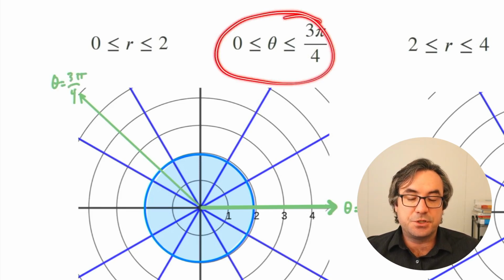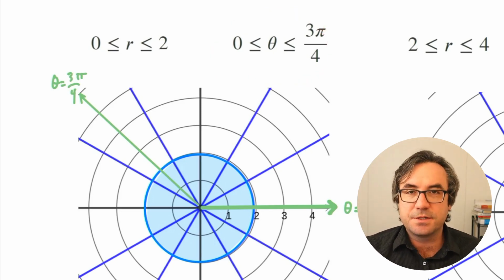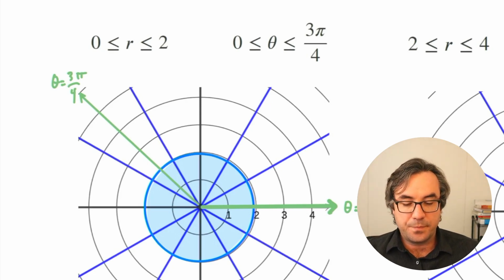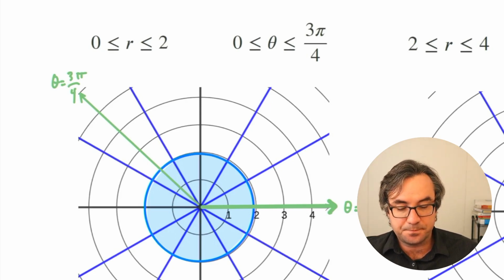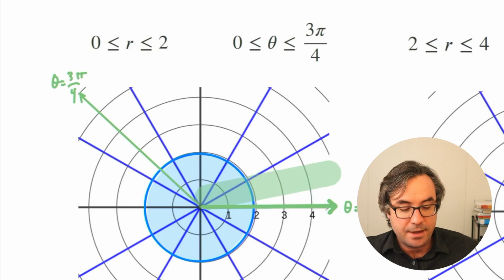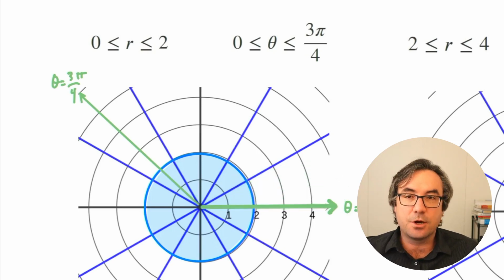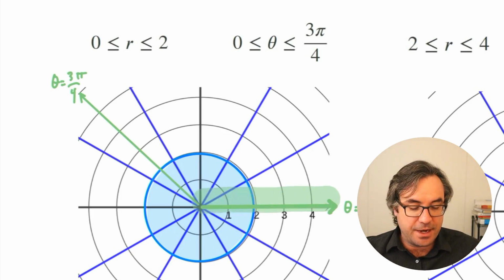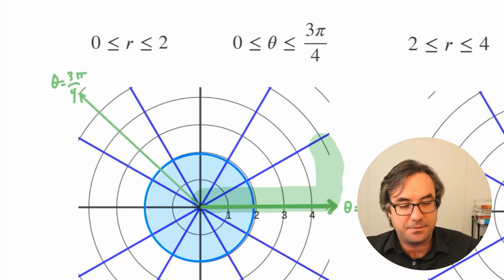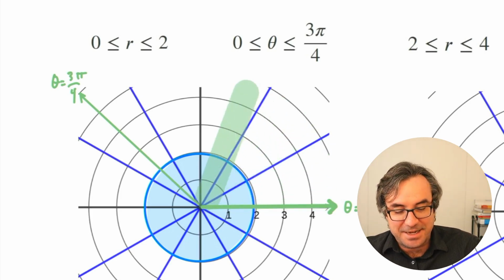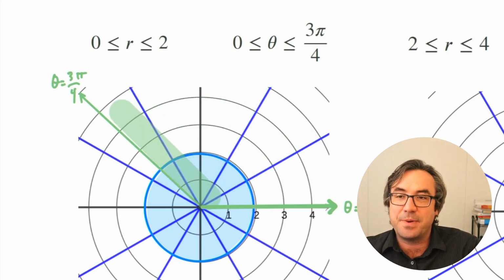If it was just this inequality and we were considering just positive r values, then it would be everything starting at this theta equals 0 ray and rotating all the way around to that 3 pi over 4.